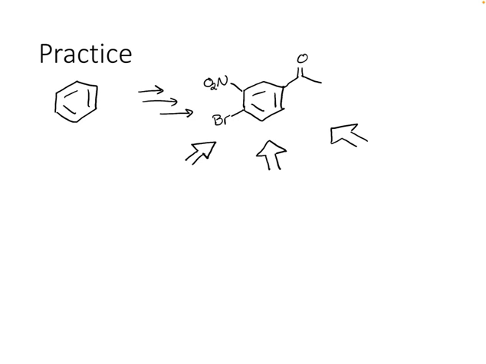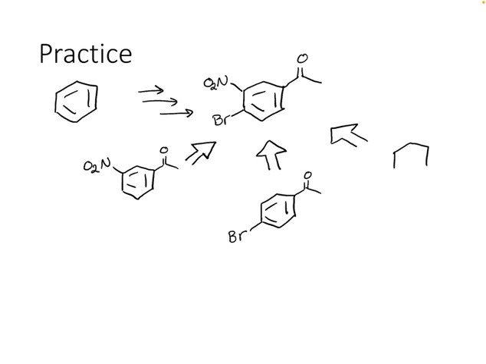Okay, so let's say we have not added bromine yet in this second to last step. Okay, so we've added the nitro group and the acyl group, but we haven't added bromine. Another possibility is we added the acyl group and the bromine, but we haven't added the nitro group yet.